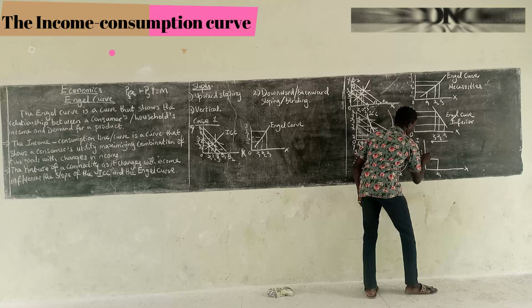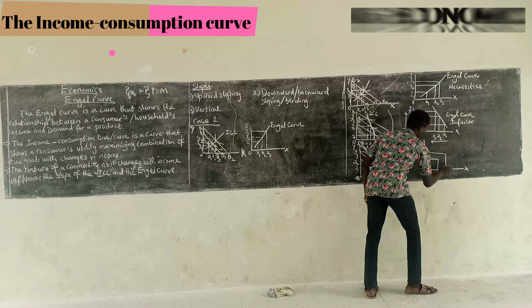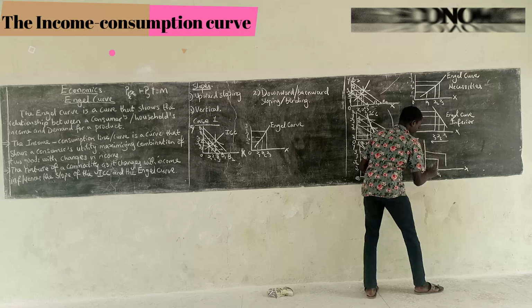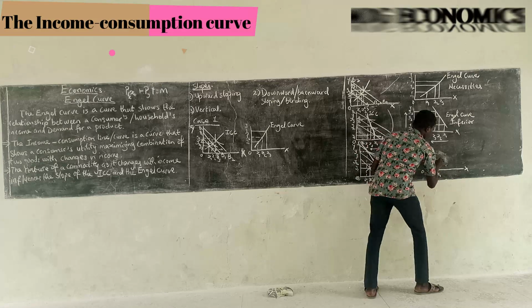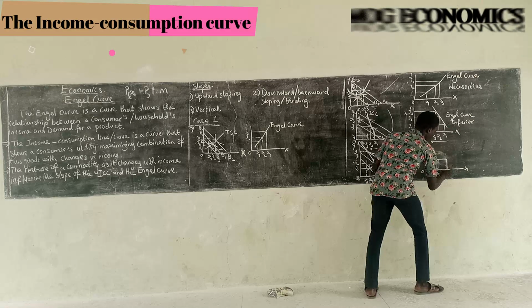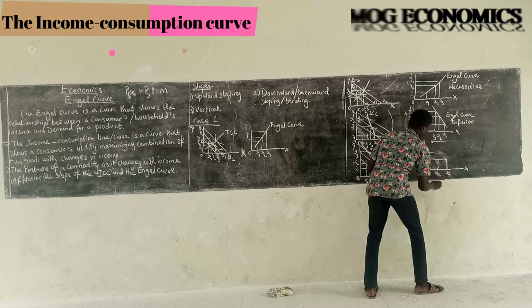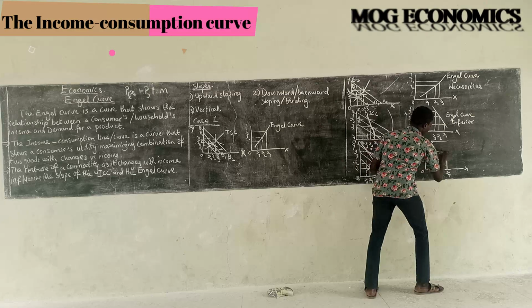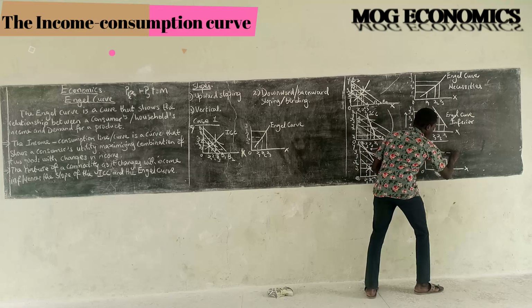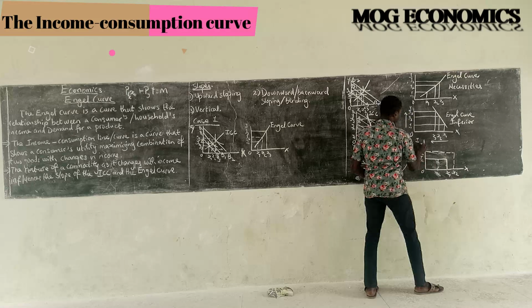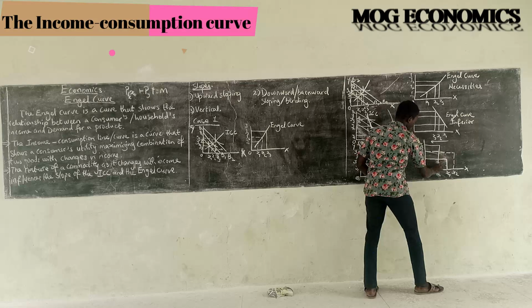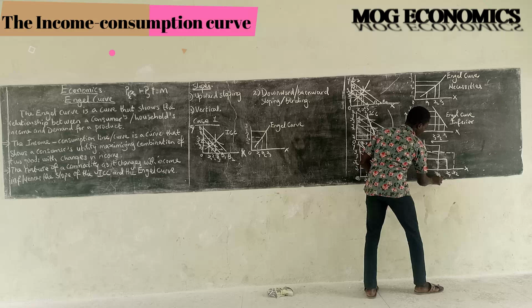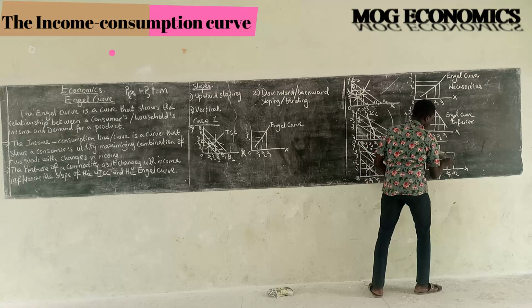Income rose to I2, and the consumer consumed X2. Let's say something like this, I want the diagram to be clear. Then the consumer's income rose to the third point, and it reduces the demand for this product, X3. So this was the starting point.